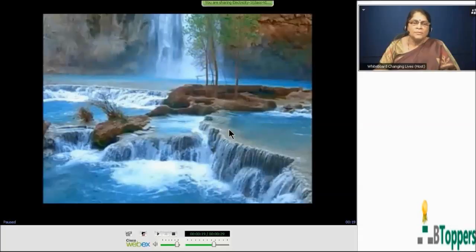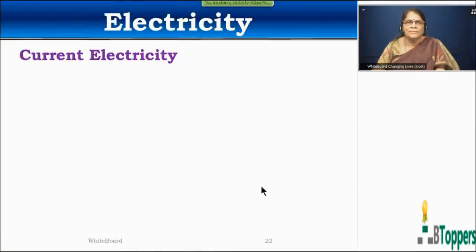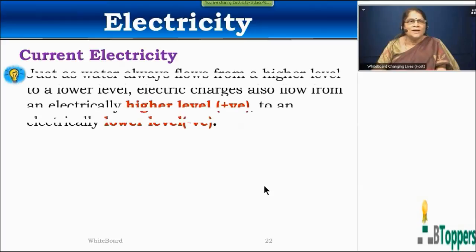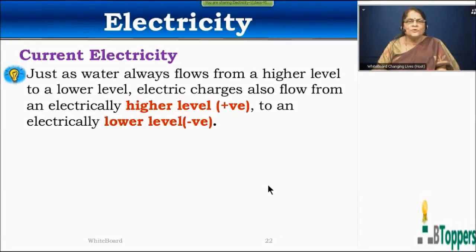Now, can this rule be applied to electrical charges also? Just as water flows from a higher level to a lower level, electrical charges also flow from an electrically higher level to an electrically lower level. Now, electrically higher level is said to be positive and electrically lower level is said to be negative.